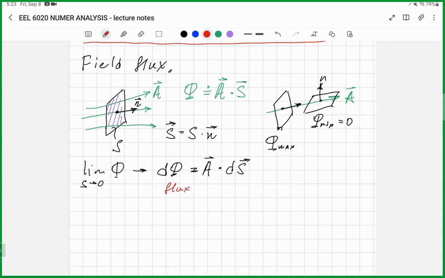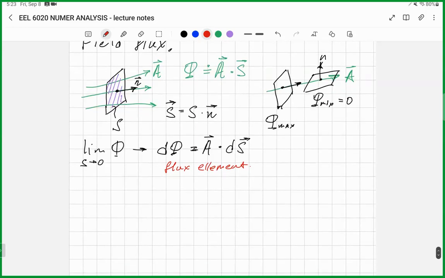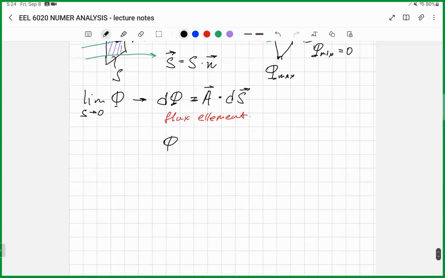If the field is inhomogeneous, if it depends on the coordinate in space, then for any arbitrary surface, the actual flux will be given by the integral of the flux element, dΦ, over the surface.